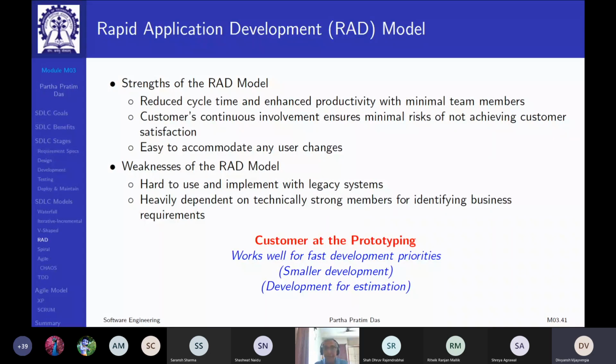So that minimizes the risk of not achieving the satisfaction of the customer. And it's naturally more amenable to accommodate changes as the development goes on. But certainly, that cannot be applied on everything. For example, it is very hard to use and implement with legacy systems, the systems that already exist.